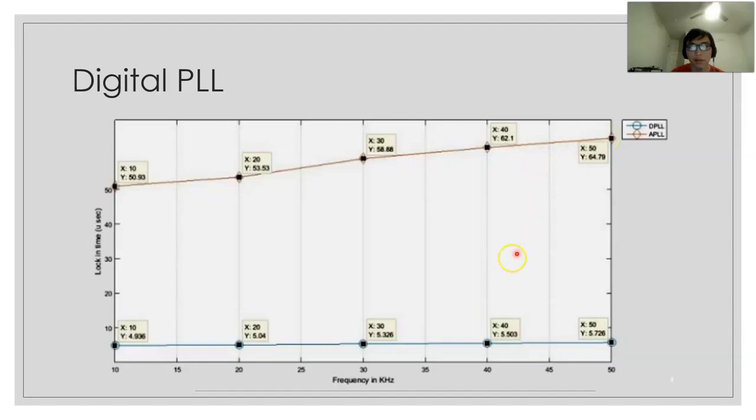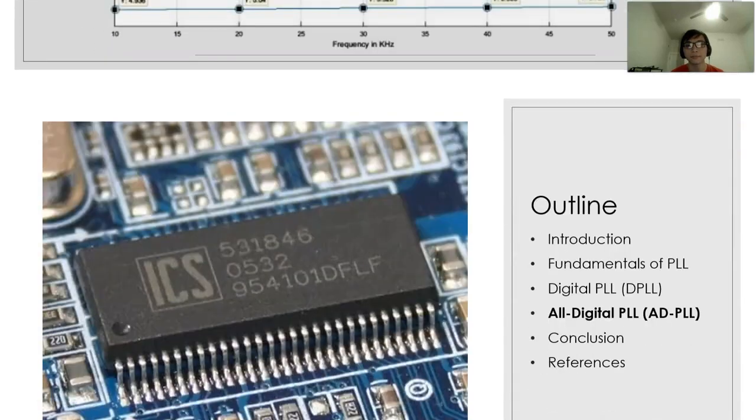It also remains stable across increasing frequency, while the analog phase-lock loop takes more time as the frequency increases. So that's one big advantage over the analog phase-lock loop.